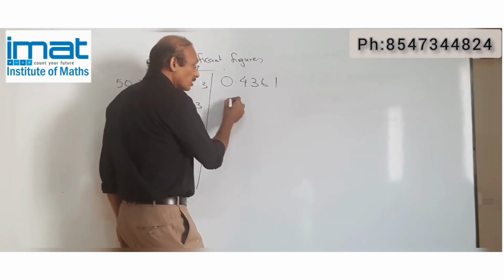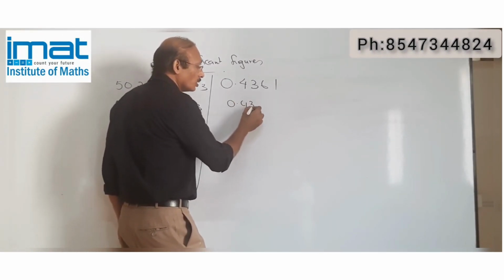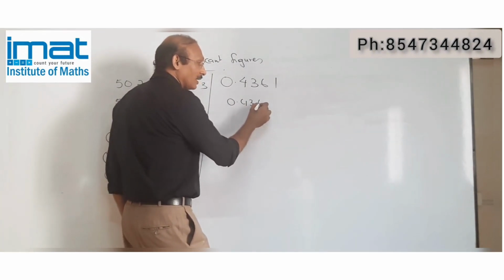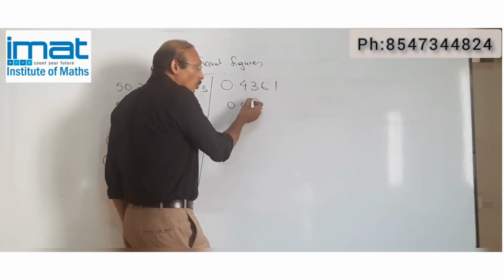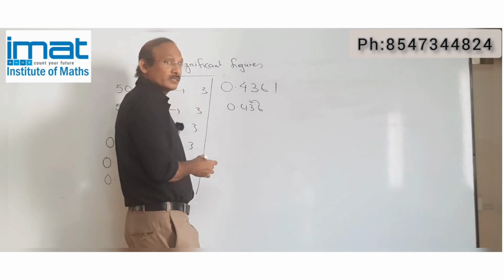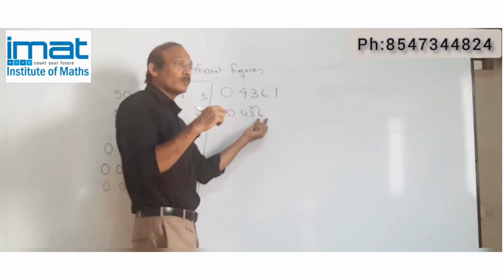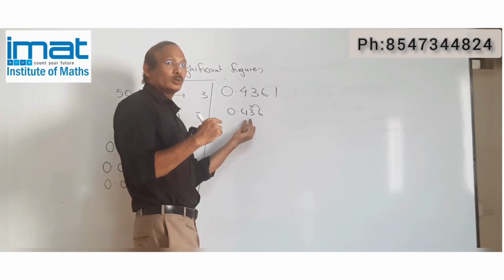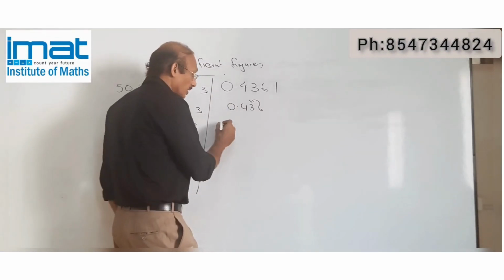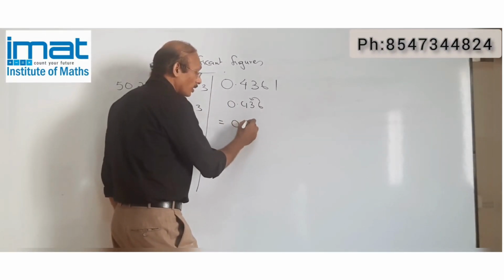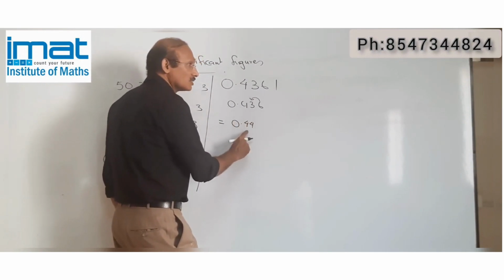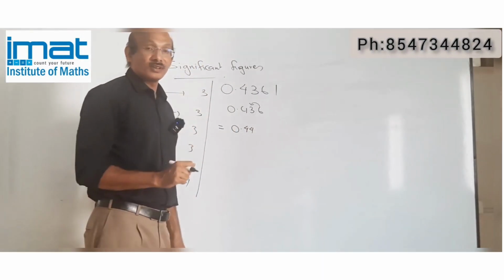What are you seeing? It is 0.436, and then you round the second place. How? You just see the third place. If it is 5 or more than 5, add 1 to the previous one. So the answer will be 0.44. This is the answer correct to 2 significant figures.